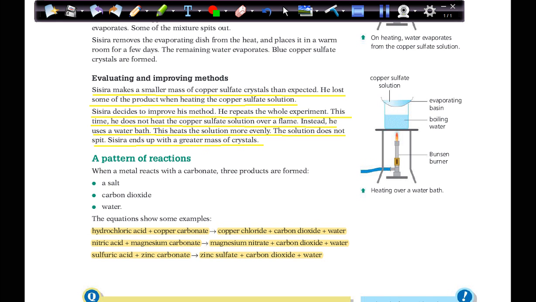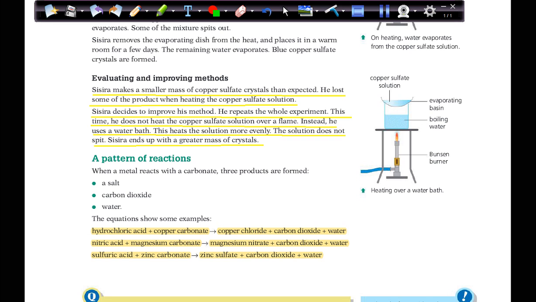So how did he discover that he lost some of this copper sulfate? First, when he started this experiment, he measured the volume of the solution, and he measured the amount of the acid, and then he measured the amount of copper carbonate that he used.